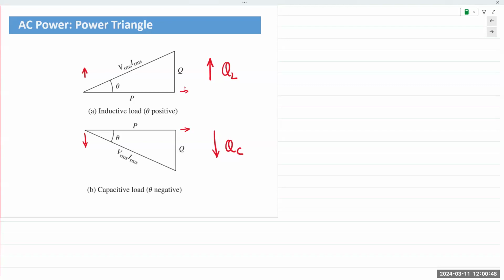Just as a final note, in a graphical representation, the amount of reactive power required by an inductive load is given by the phase angle theta. The point is we want to reduce that theta as much as possible.